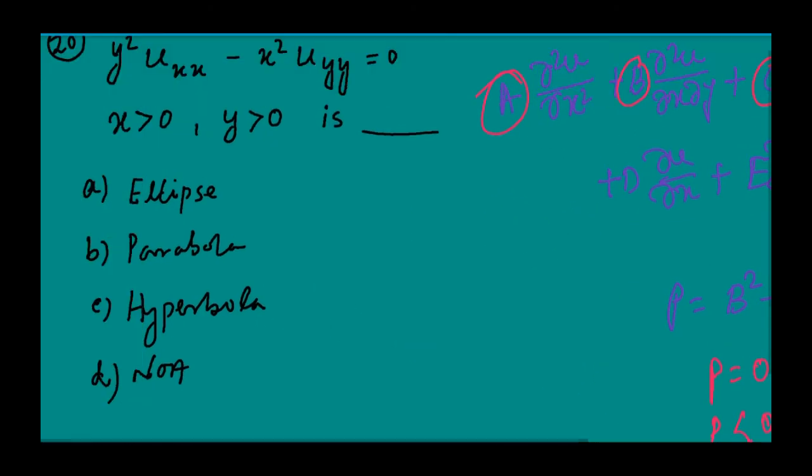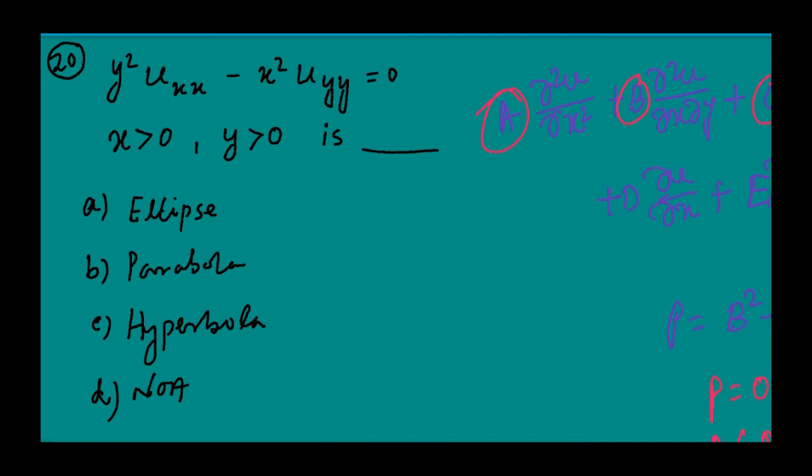So here we have to find out what A is. A is given as y square, and B is 0 because B is the coefficient of uxy and this term is 0.